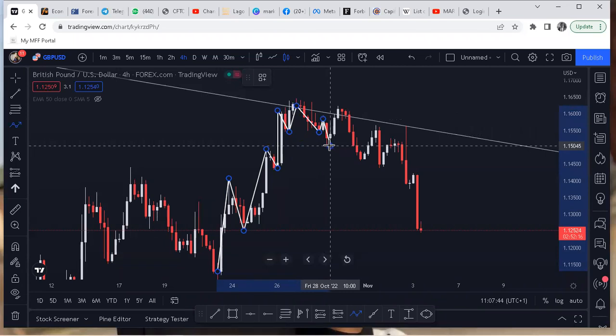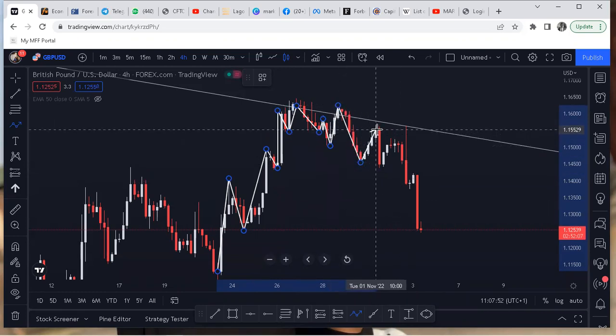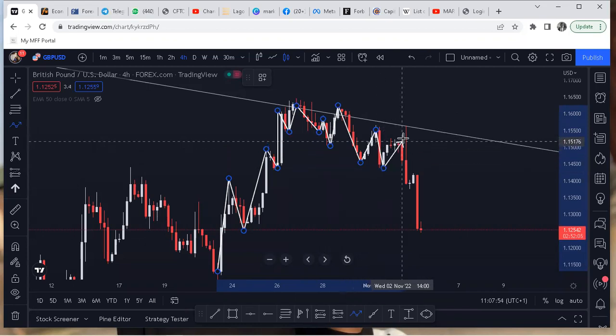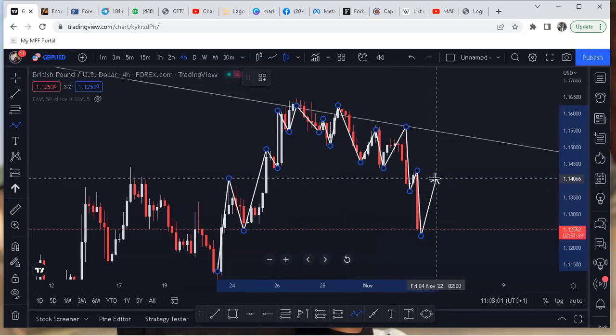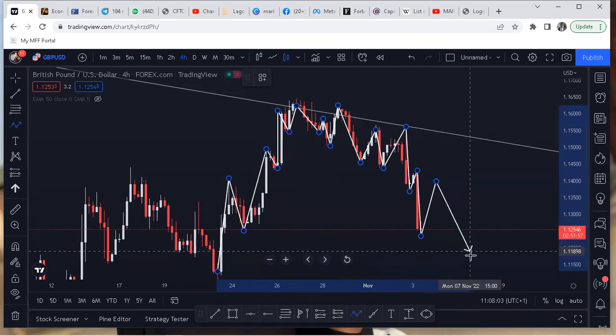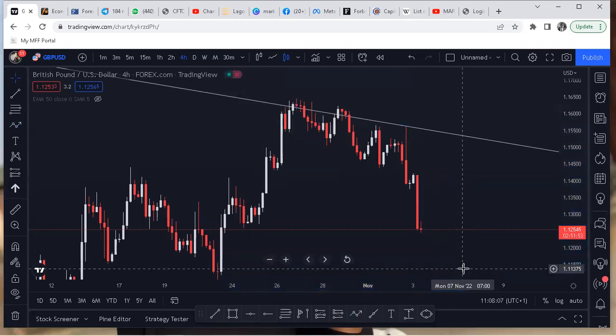After break of structure, move up to the sell region and start selling. Now it's giving us lower lows, lower highs, lower lows, lower highs. We're looking for another lower high, and that will be in the news tomorrow. Then a lower low again. So we enter the news tomorrow.